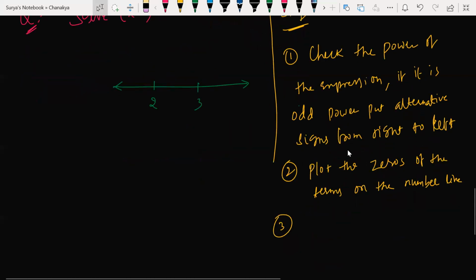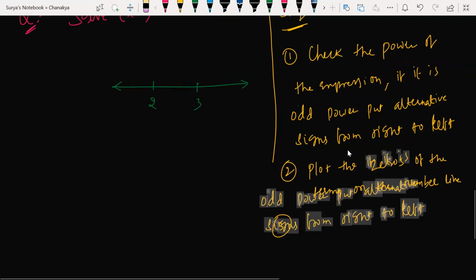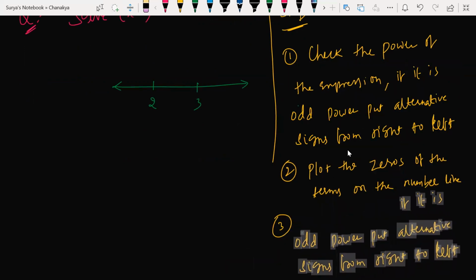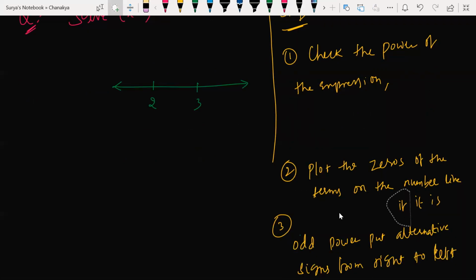Third point: if the power is odd, then put alternate signs.